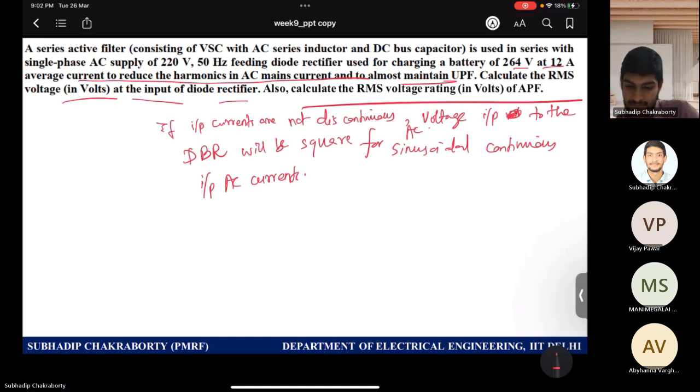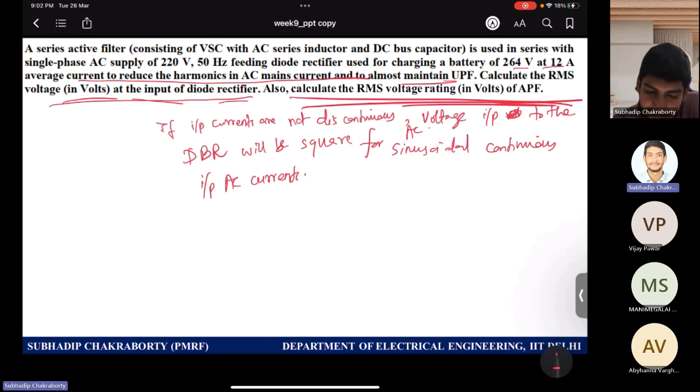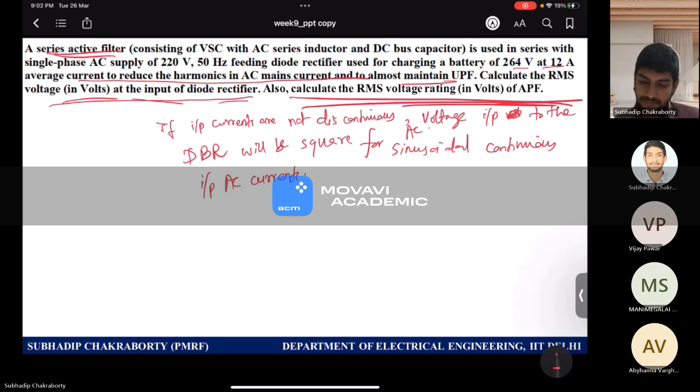So knowing this, you need to calculate the RMS voltage at the input of the diode bridge rectifier, the AC RMS voltage at the input of the diode rectifier, and obviously also the RMS voltage rating of the APF. So APF, it is a series active filter, right? That is connected between the AC inductor and the DC bus capacitor. The series active filter, I think you are aware of that.